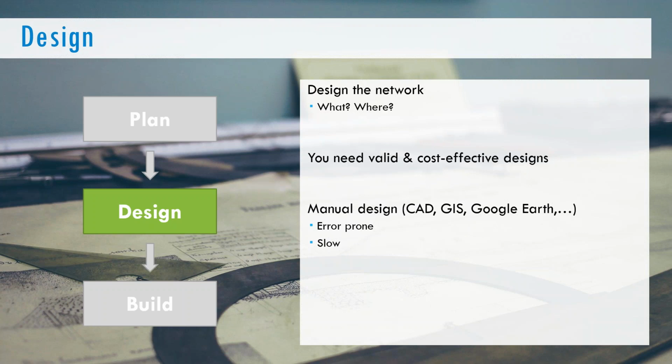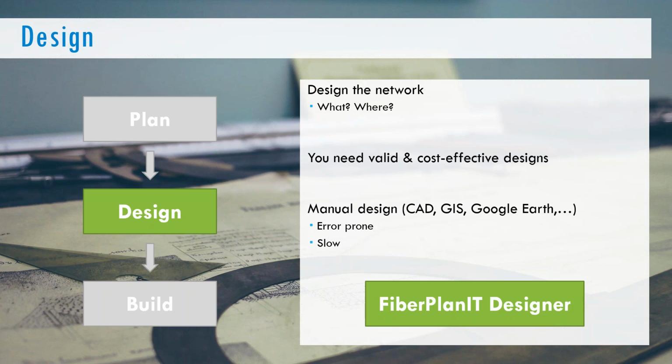There's an interpretation of the guidelines depending on the local situation. It can happen that some homes are being missed, or that not enough capacity is foreseen in cables or ducts. And secondly, it's a slow process. It's labor intensive to design a network, definitely a larger area. That's why we want to use the FiberPlanIT designer within that design stage.